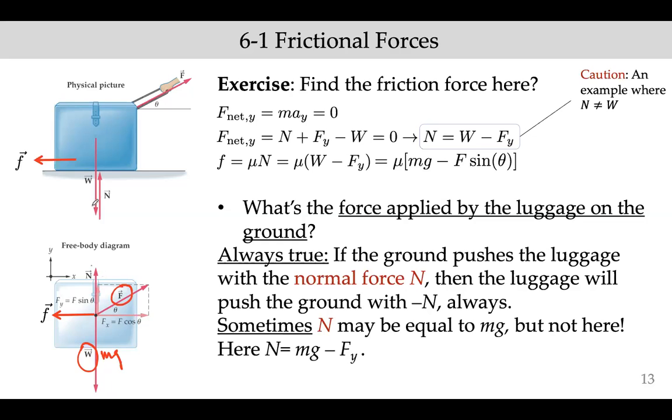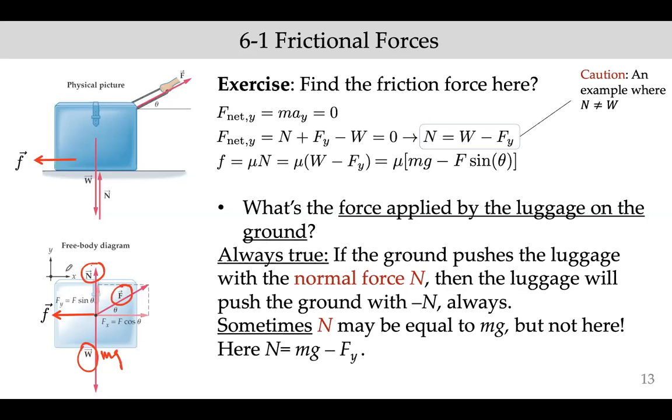Because it's on the surface, the surface is pushing the luggage up, so there's the normal force. Remember, normal force is the force on the luggage, not on the ground. The force on the ground, we are not really interested in it, but if you ask what it is, it's negative normal force. We talked about this in the previous video.